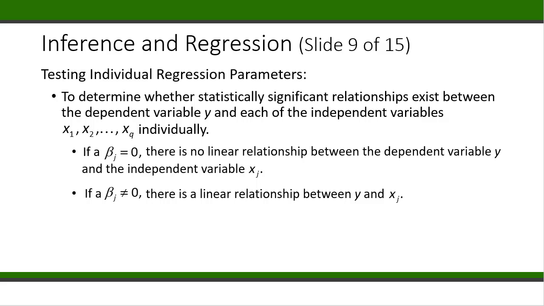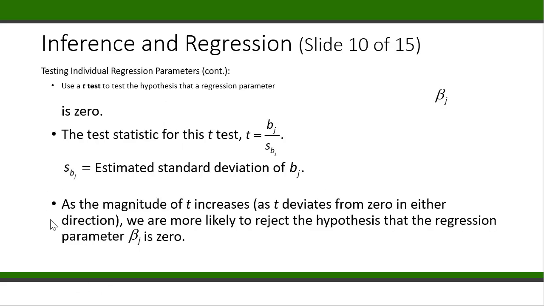You may want to listen to this slide several times. So a test that we can run is a t-test to test the hypothesis that the regression parameter is 0. And that test statistic is t equal to the beta divided by the estimated standard deviation of beta.